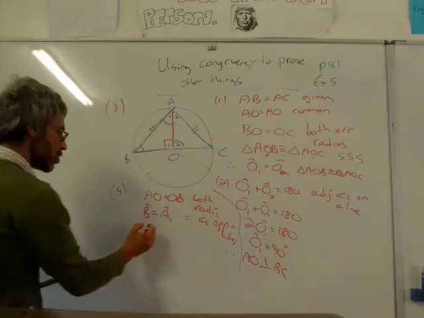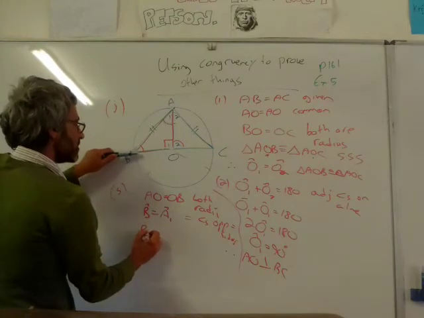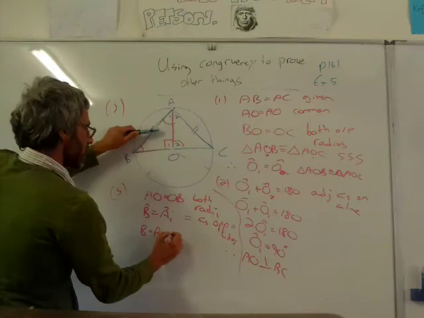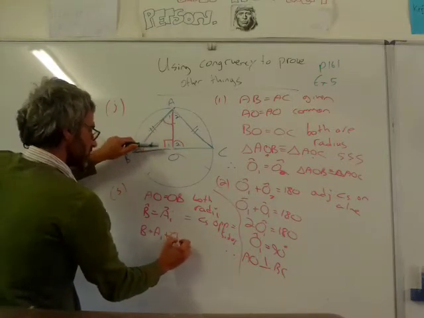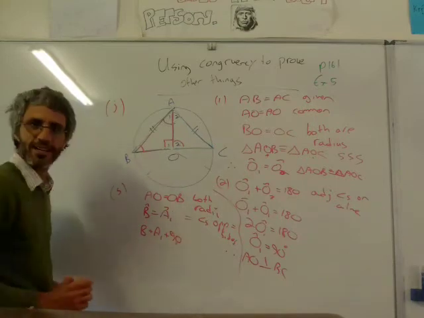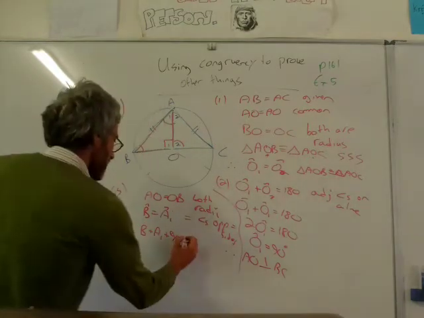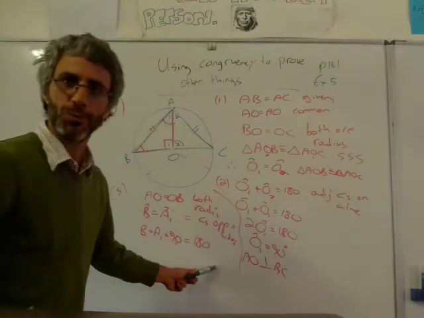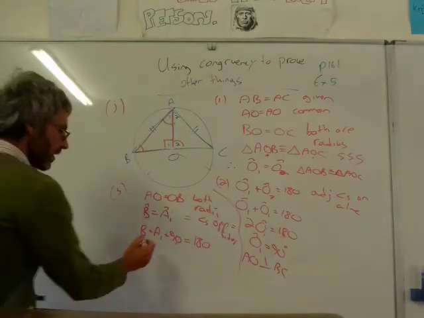But now what do I know about angle B plus A1 plus O1, and I know O1 is already 90, so let's write 90. All together, they add up to 180. Sum of angles in a triangle. I'm not going to write it down, but you need to write sum of angles in a triangle.